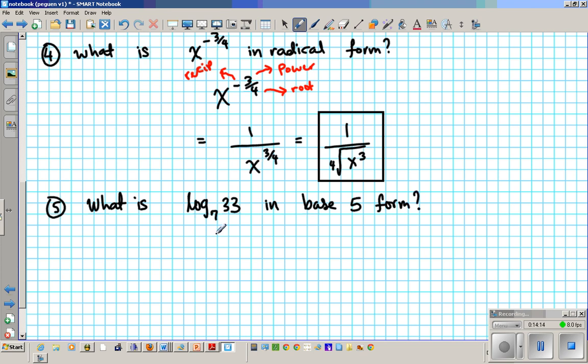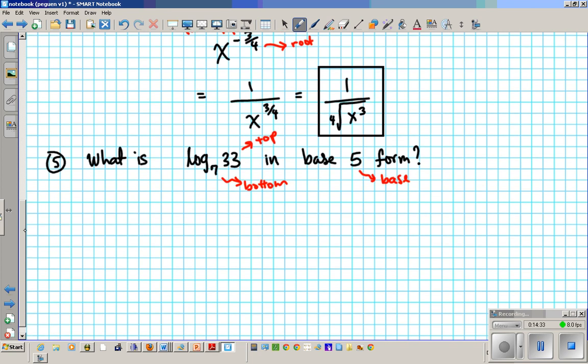Alright, so what is this in base 5 form? When you're changing bases, all you have to remember is that the bigger one is the top, the smaller one is the bottom, and guess what? Your base is simply your base. Okay? So what on earth does that mean?